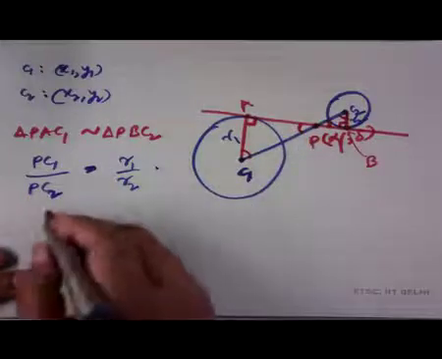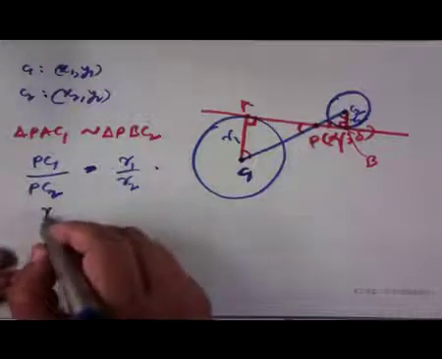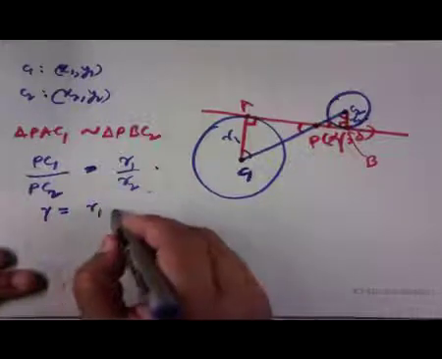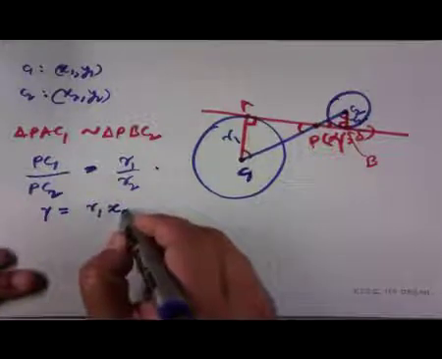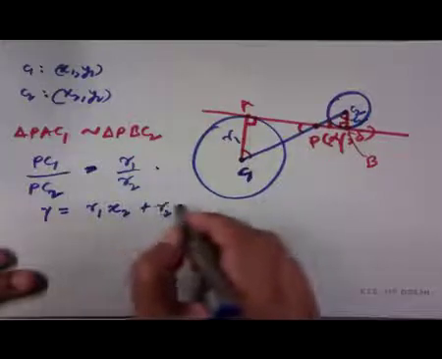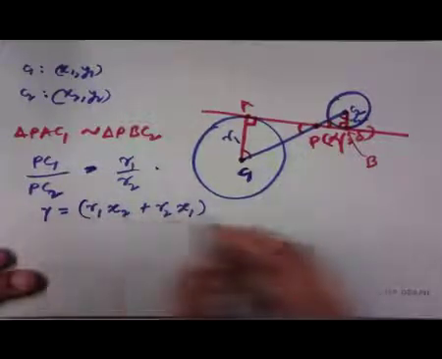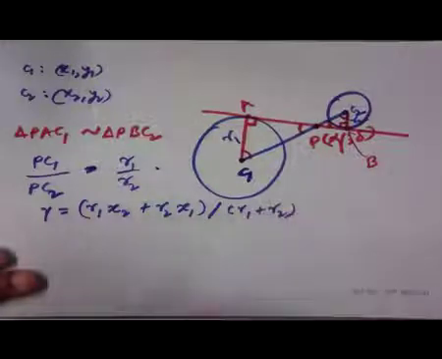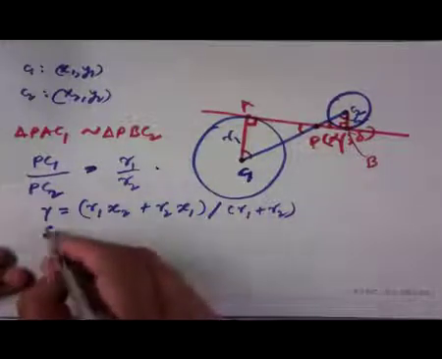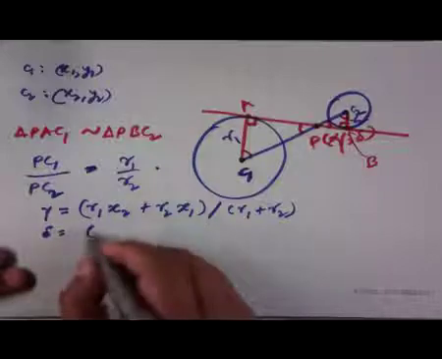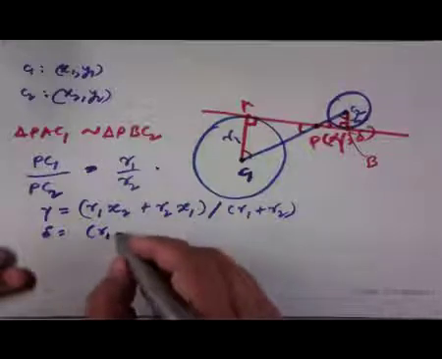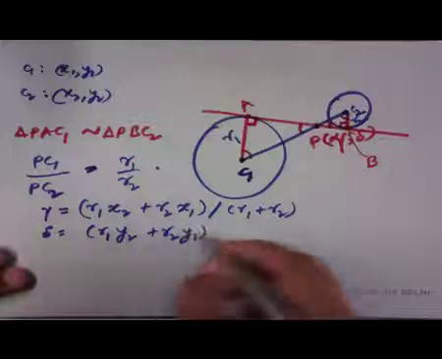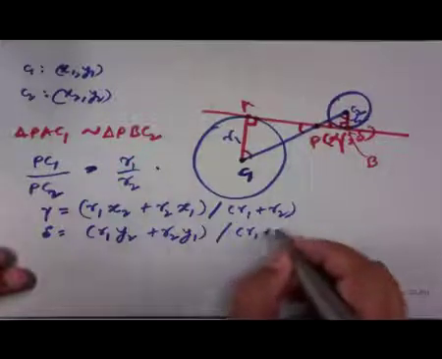So, one can show that the x coordinate gamma of the point P is given by (r1 x2 + r2 x1) divided by (r1 + r2), and the y coordinate is given by (r1 y2 + r2 y1) divided by (r1 + r2).